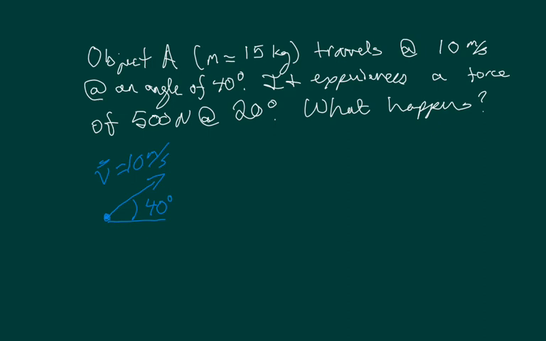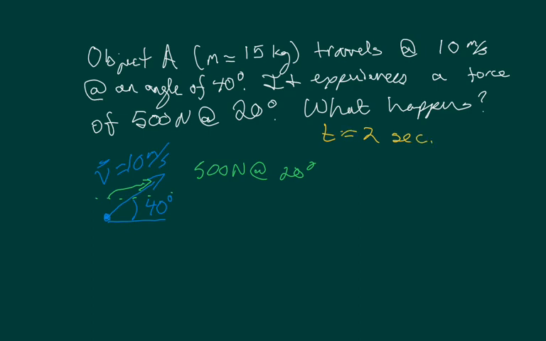But it experiences a force of 500 newtons at 20 degrees, and so that force is going to be maybe like so. And we can say that's 500 newtons at 20 degrees. And I kind of need to give it some time. We'll say that this lasts for t equals 2 seconds.